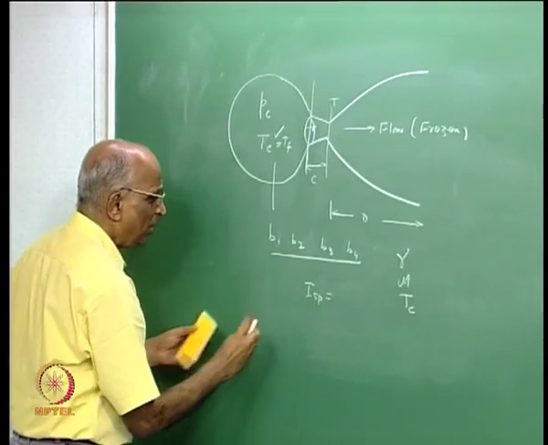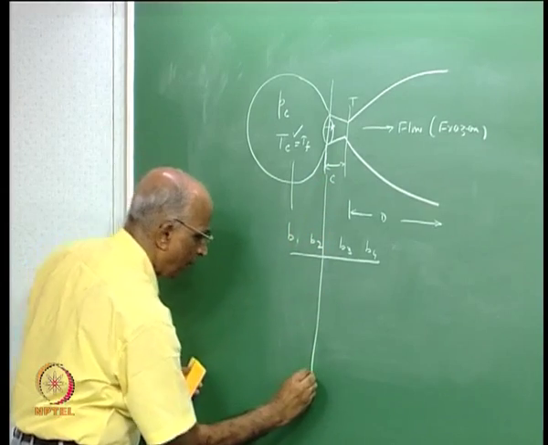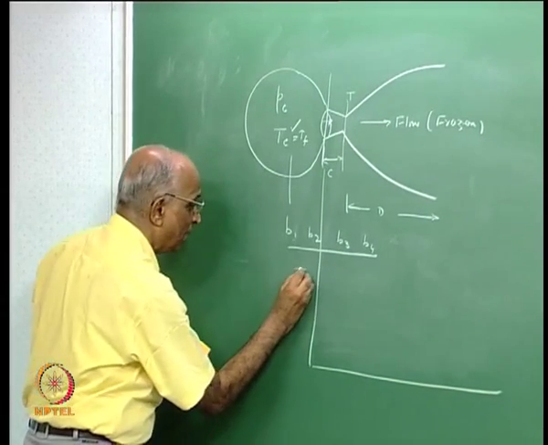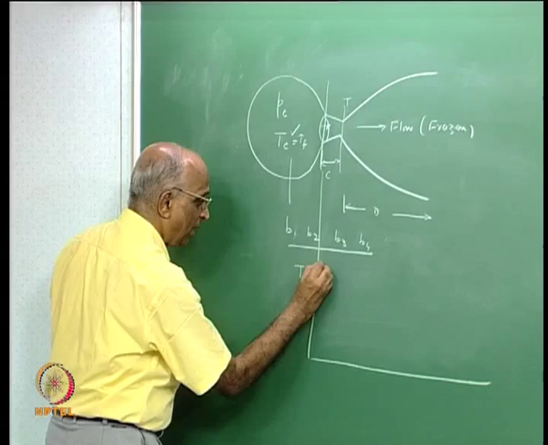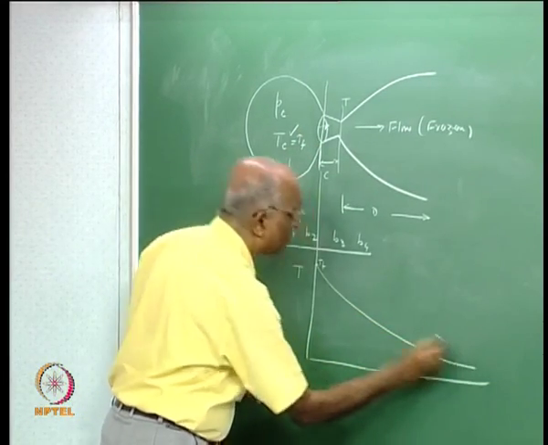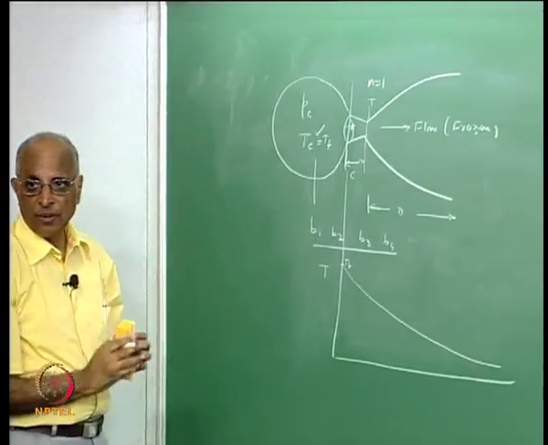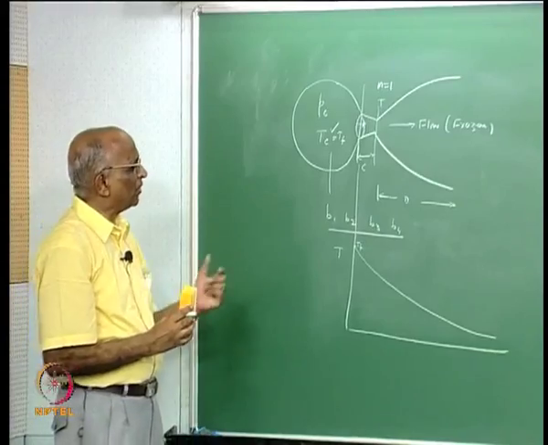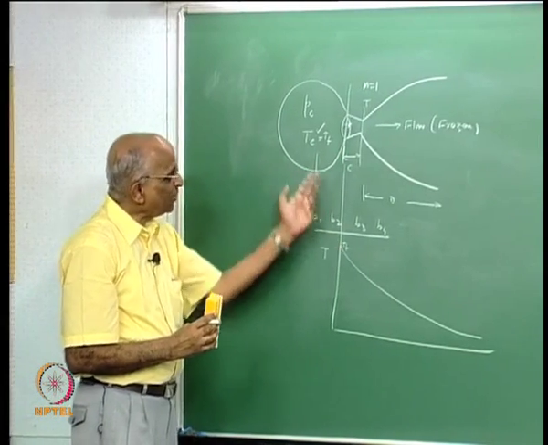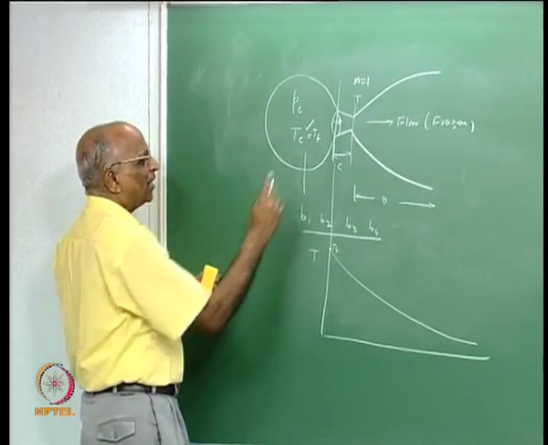And what did we determine? Let's plot it. We determined the variation of temperature from the adiabatic flame temperature which we have just calculated, and as it goes on, we have the throat at Mach equal to 1. But now there is some subtle difference. As the flow takes place, temperature drops, therefore let us take a section here.